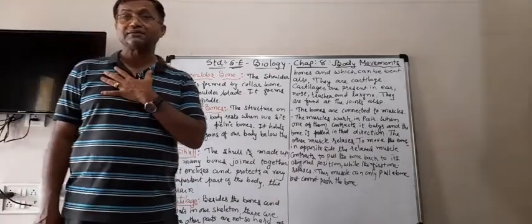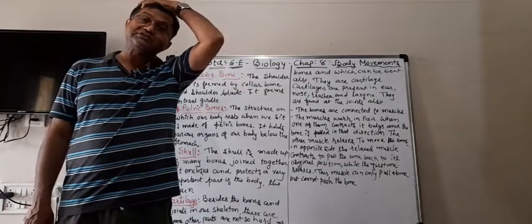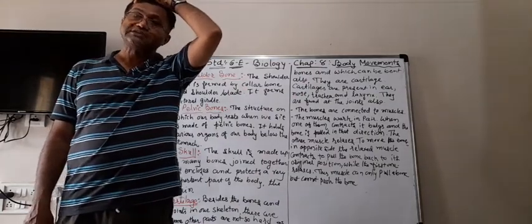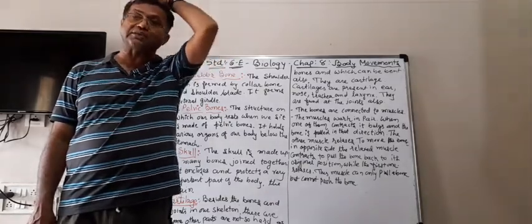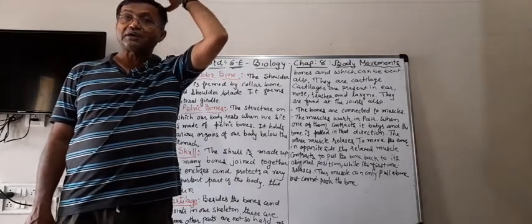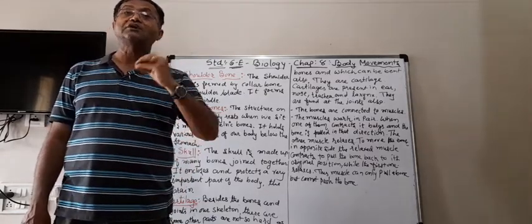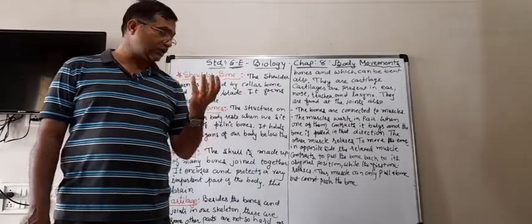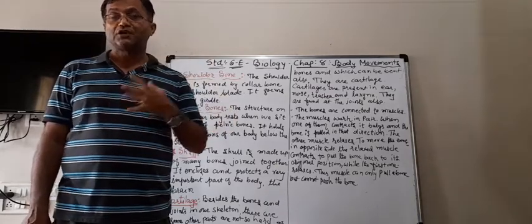And then lastly, the first thing on our head, that is the skull. The skull is made up of so many bones joined together, and it holds our brain, which is a very important organ of our body, especially for the nervous system that you will learn about later.